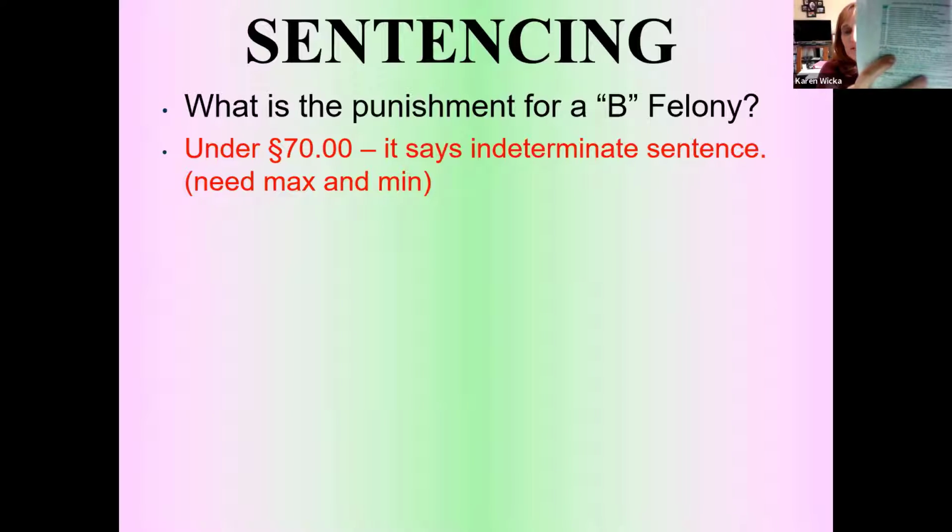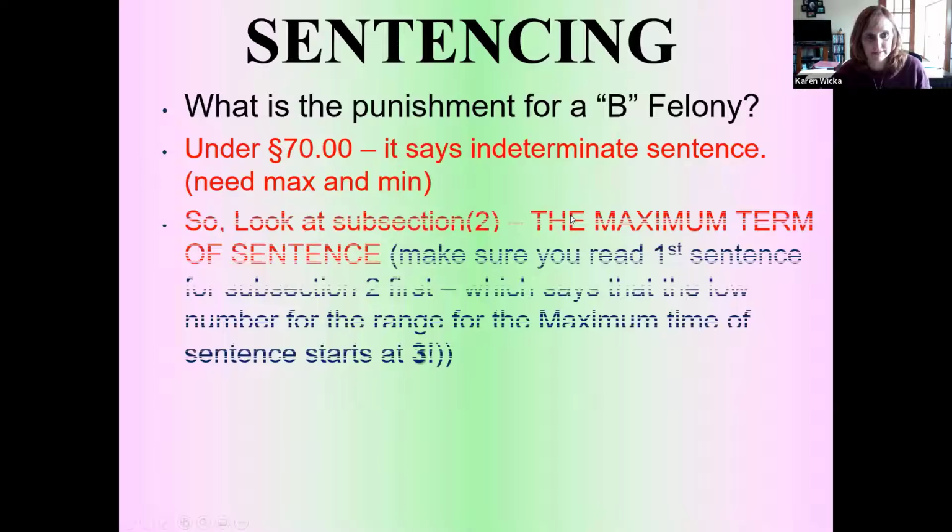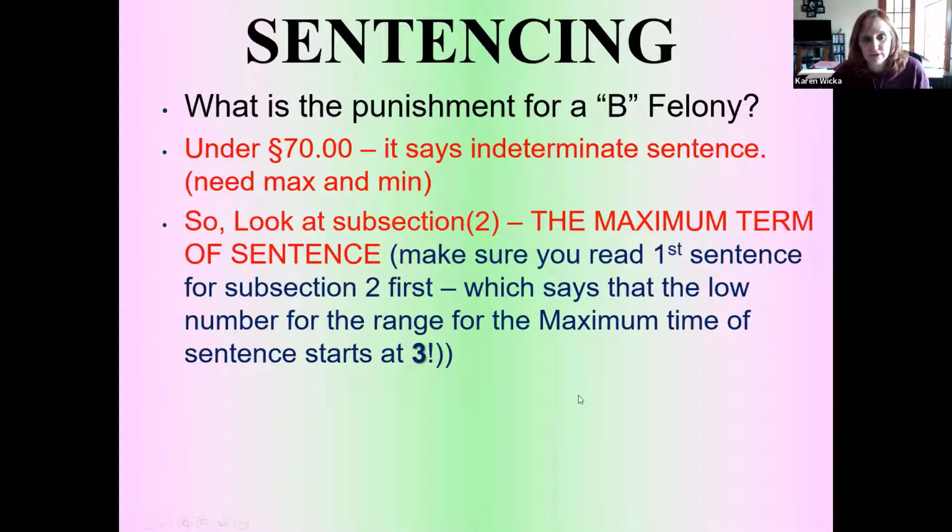And then when I go down to 70.00, you see I underlined indeterminate so that I know right away that I'm going to need multiple numbers. Okay. Next, I'm going to look at subsection 2. This is going to give me my maximum range. Okay. So when you read that first sentence in subsection 2, it says maximum term of sentence.